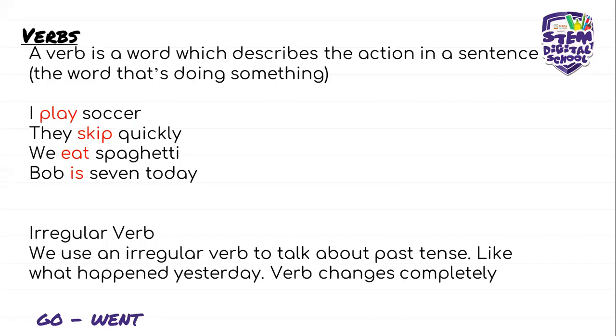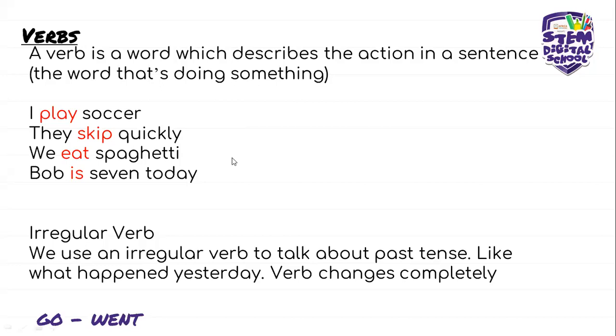It's basically the past tense of a word, but it's not a word that you put an ed after. It's when a verb completely changes into a different word, like go, that changes to went. Any questions regarding verbs and a verb in a sentence?